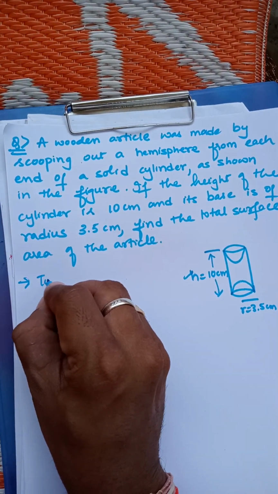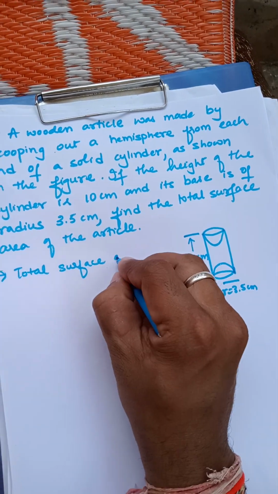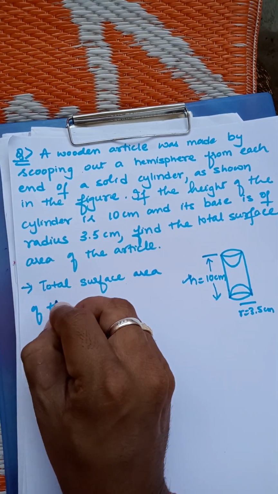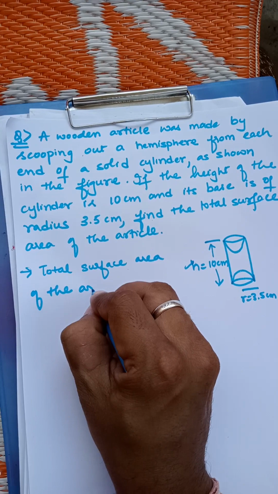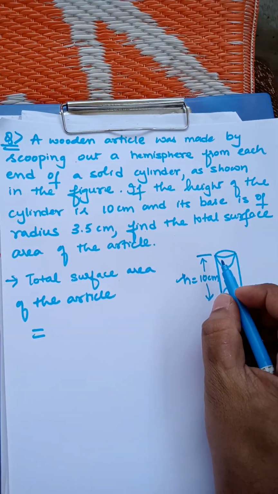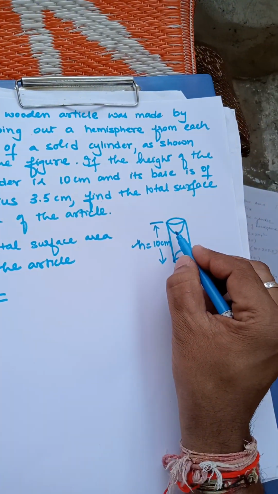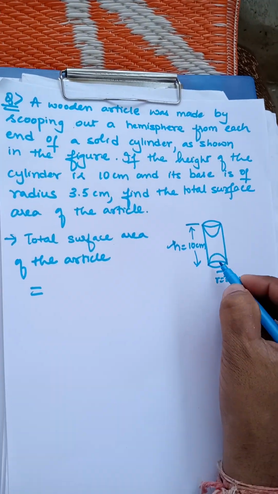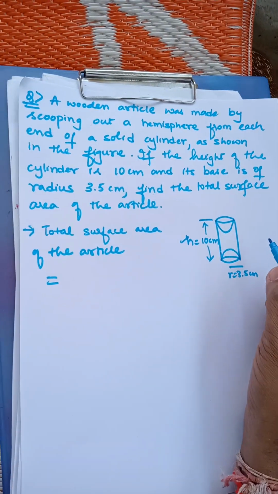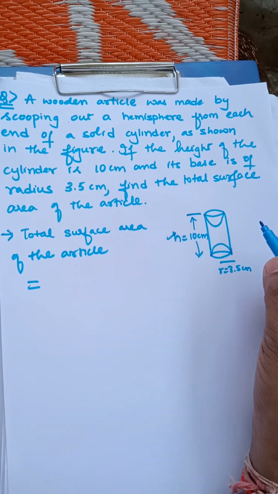So the total surface area of the wooden article will be equal to... now how do we know? Should we consider the CSA or the TSA, or CSA in one case and TSA in another?